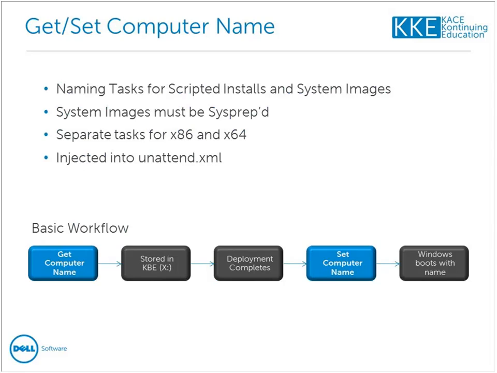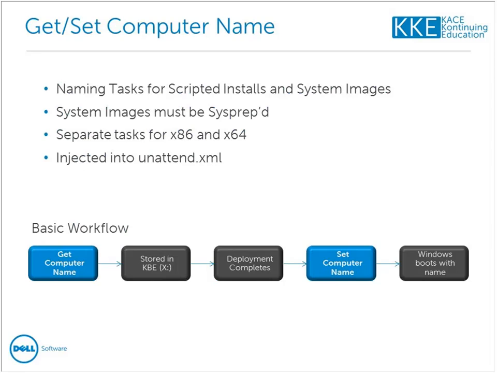One of the things you are going to be worried about when you're doing your deployments is, how do I name my computer? And get set computer name is a set of naming tasks that work for both scripted installs and system images. Again, we're focused on the system images, but it can still be used there.